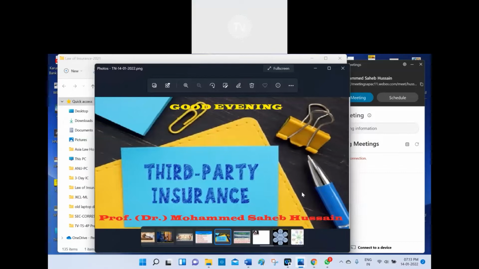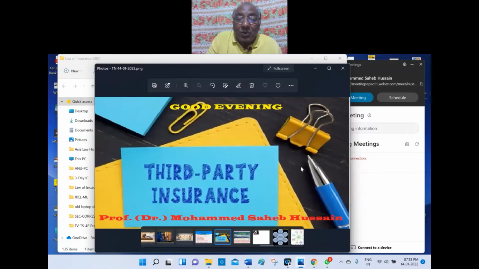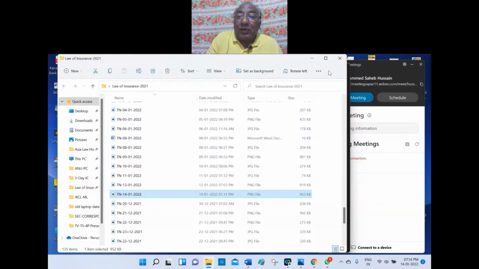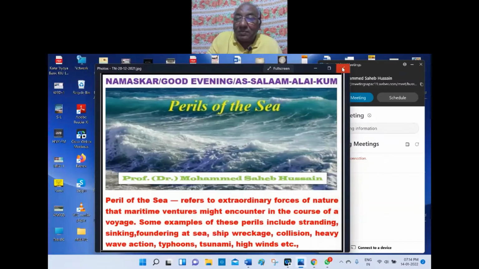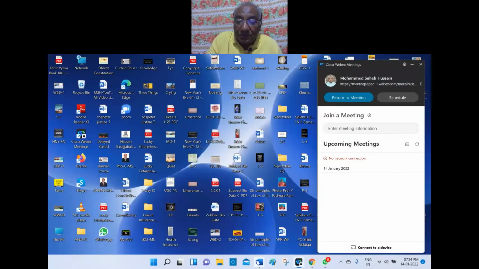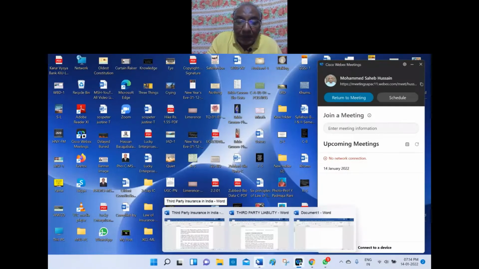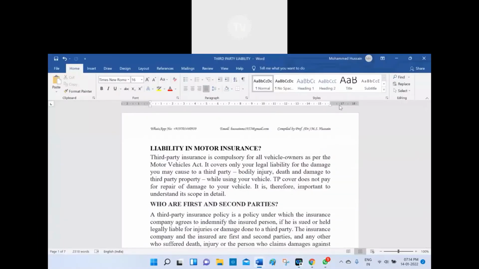So, where do you come across third party insurance? In which place will you come across it? Any idea? When an accident occurs, a person who is injured by our vehicle may claim.